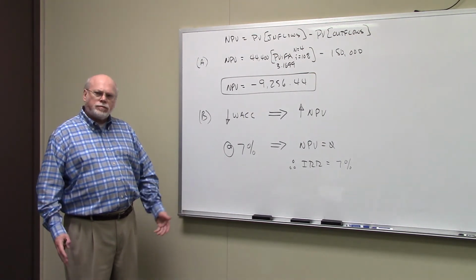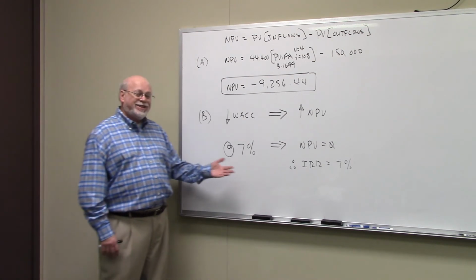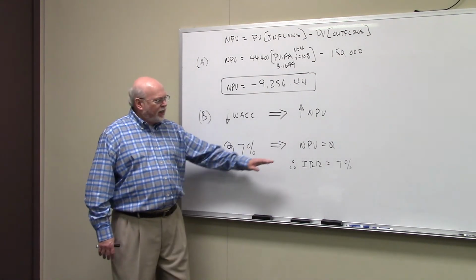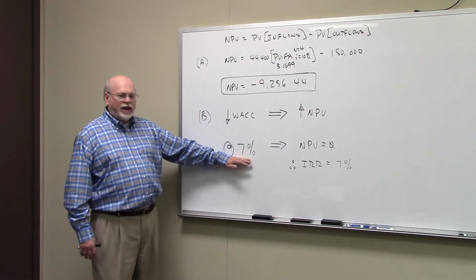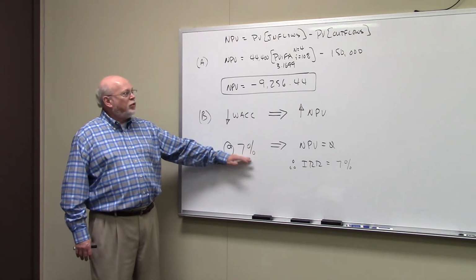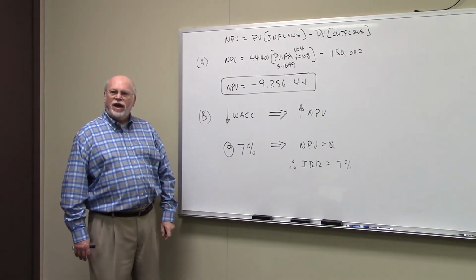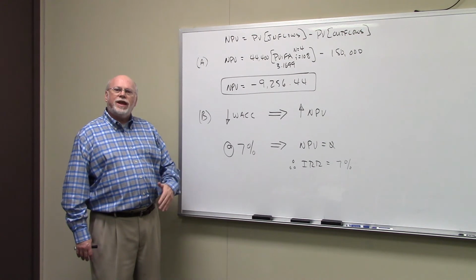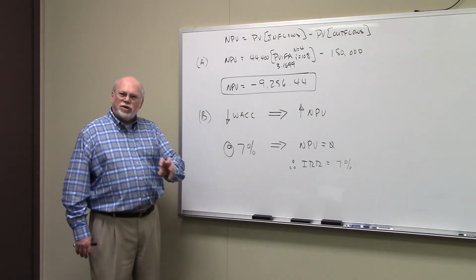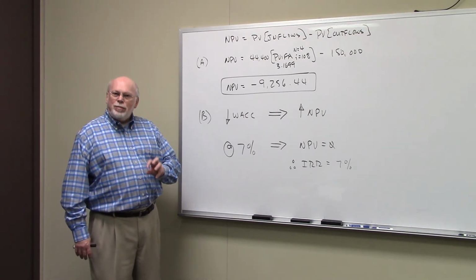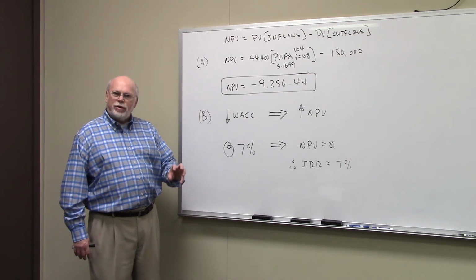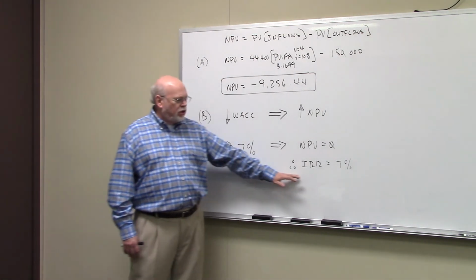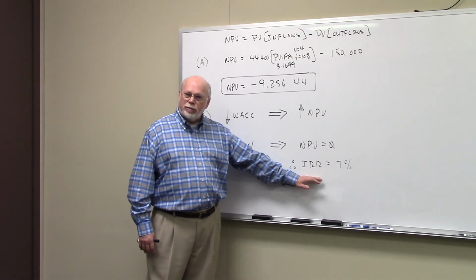The greatest it could be and still be an acceptable project is to have a project whose net present value is 0. And that turned out to be 7%. So if you put 7% into this net present value equation, you'd end up with a net present value that's virtually 0. When you have a net present value of 0, whatever that discount rate is, 7%, that's also the internal rate of return of the project.